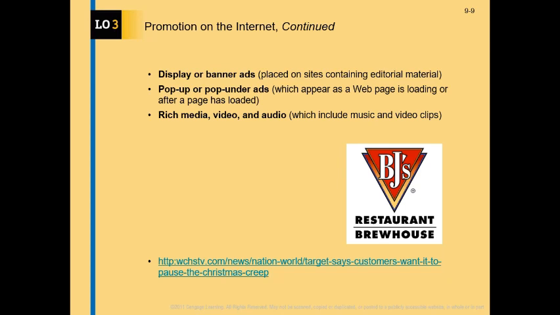That's just part of this battle between the consumer who wants access to the content he or she is interested in, and the marketers who are looking for intrusive ways to have their message heard by the consumer.